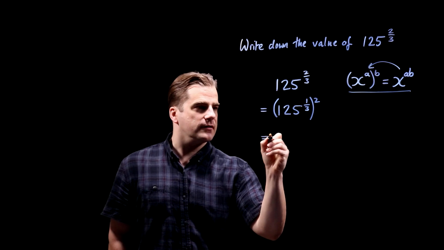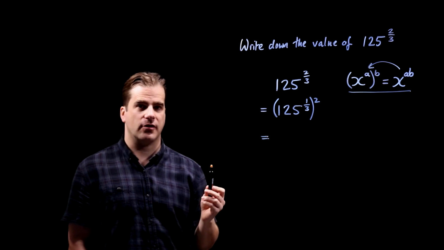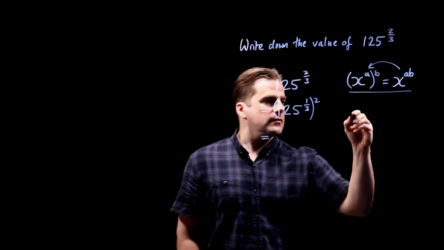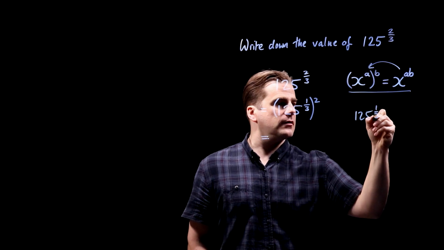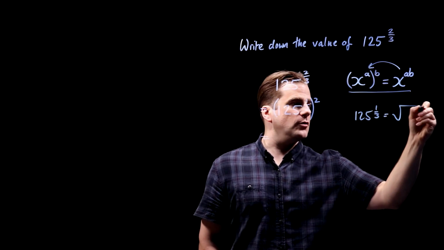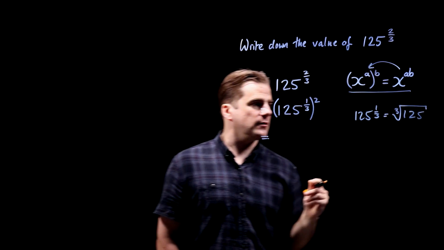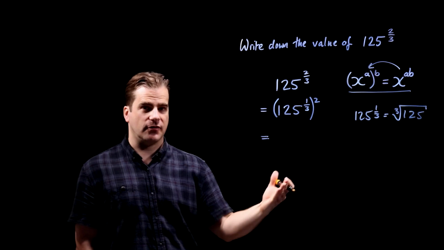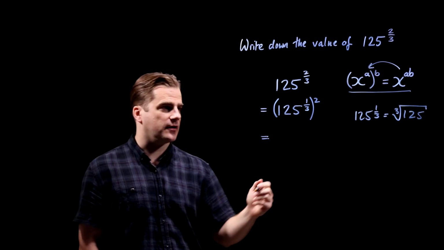The reason we did that is we can do 125 to the power of 1/3. Okay? 125 to the power of 1/3, that means the cubed root of 125, which is 5, because 5 times 5 is 25, times 5 again is 125.